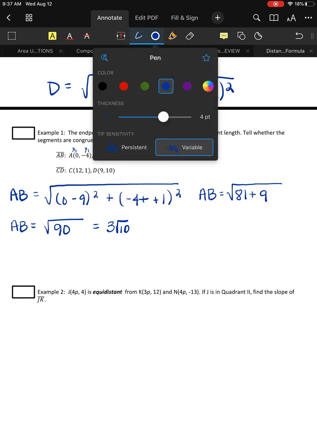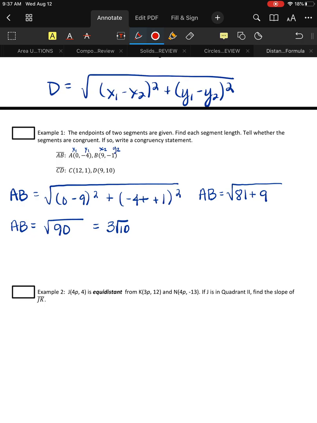Now we're going to find the distance of segment CD. So if we call this one x sub 1 and x sub 2, we could call it like 3 and 4. Like that's really better because we already have an x sub 1 and an x sub 2. And still we're going to do the same process. So CD is equal to the square root of, we're going to subtract our x's.